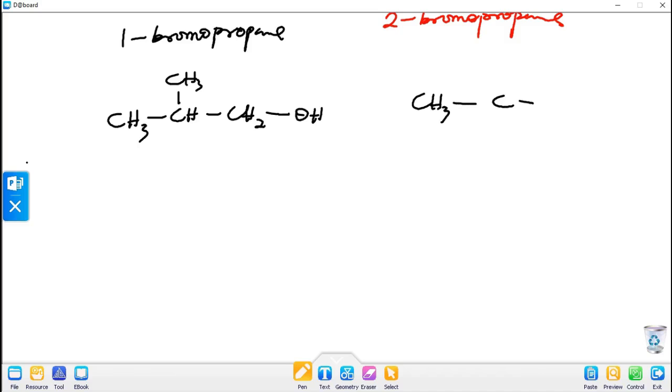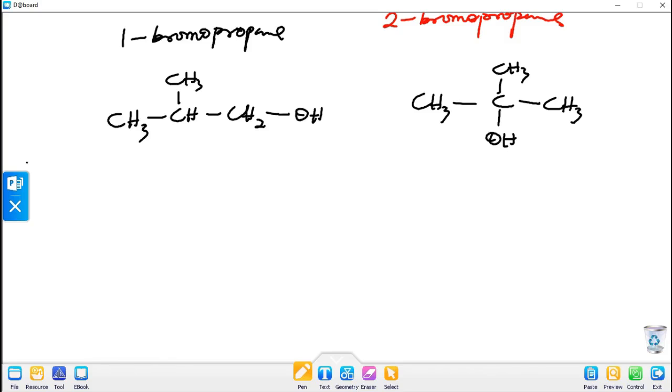Let us take a look at the example as we have here. We have this here, and we have that up there. Okay. So, what are the names of these compounds?